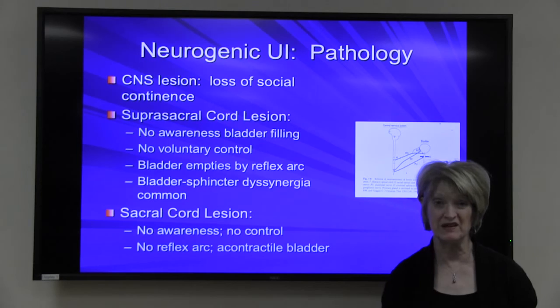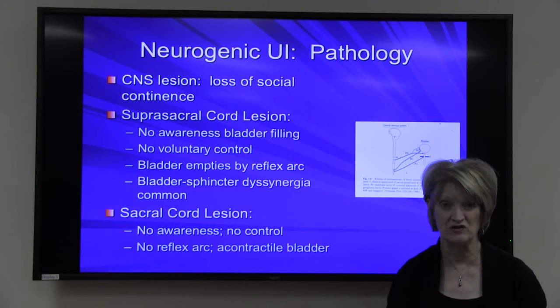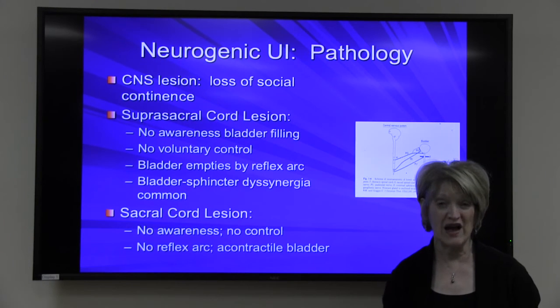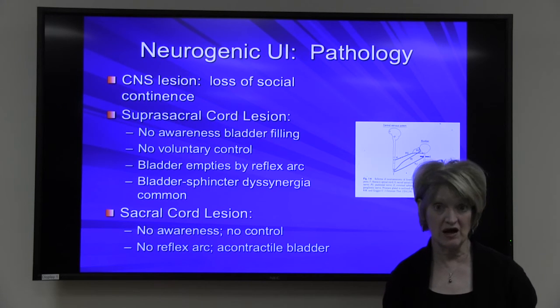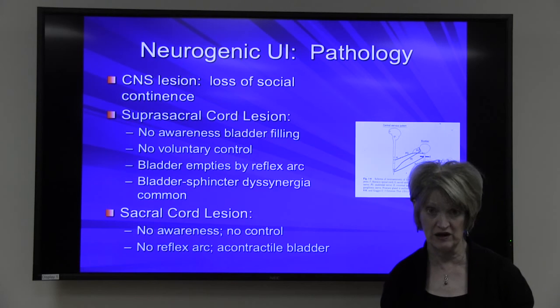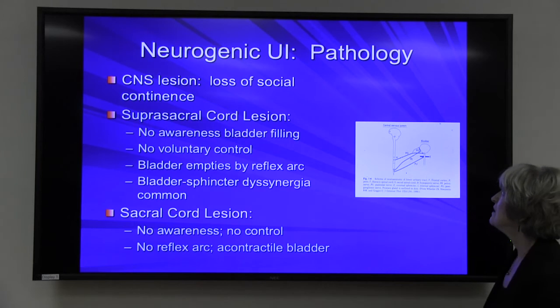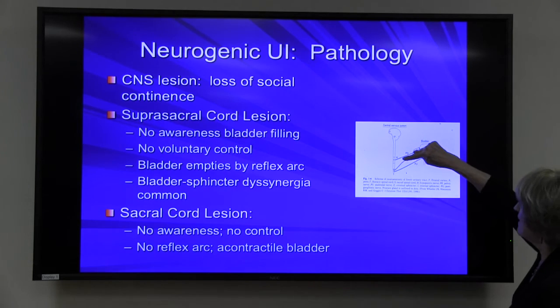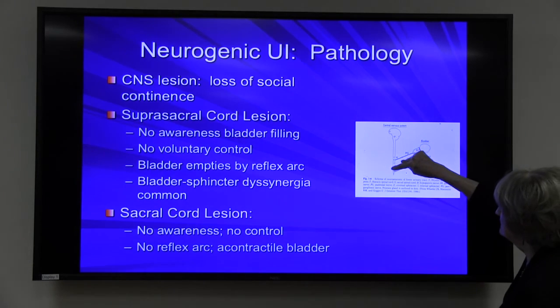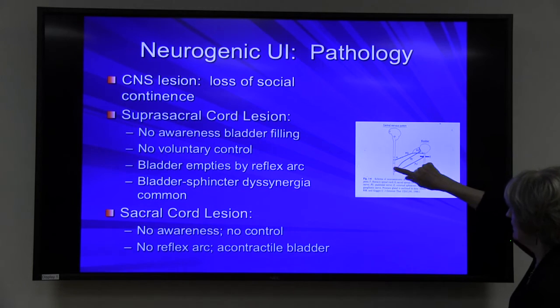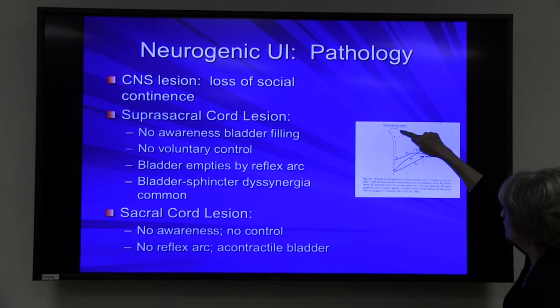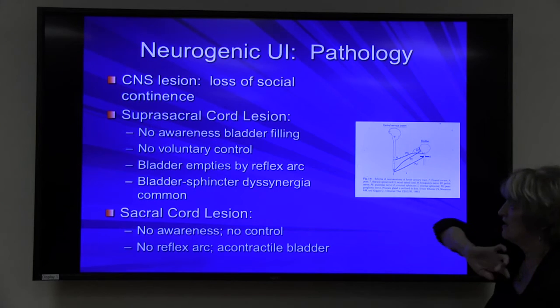It gives you the ability to decide when and where to void. If you have a CNS lesion, what do you lose? Social continence. That ability to reliably delay voiding until it's socially appropriate and convenient. What if you have a lesion somewhere above the sacral cord where you have that reflex arc, so somewhere above the sacral cord, between there and the brain?